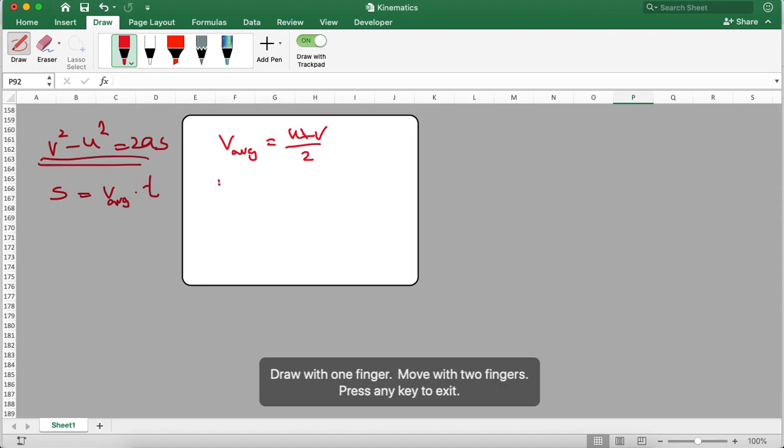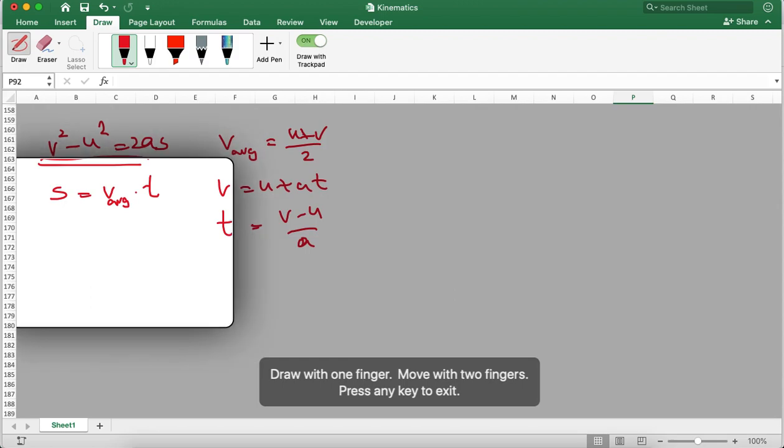And we also know V is equal to U plus AT. Write this equation for T. Then T is equal to V minus U by A. So we have the expression for V average and also for T. You just substitute V average and T in the S relation.